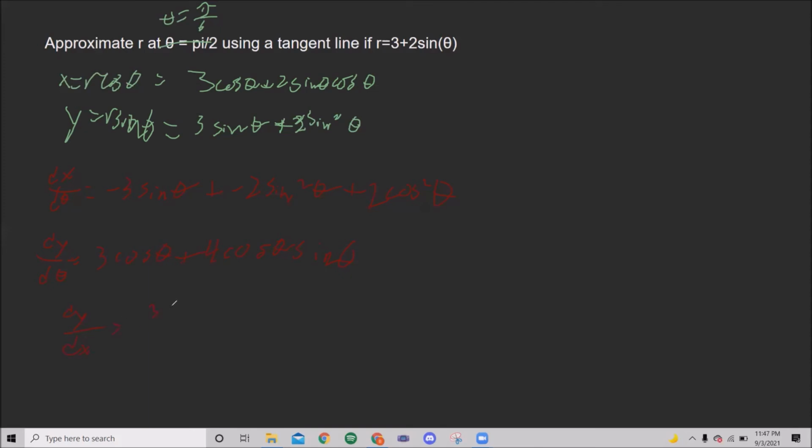And this is equal to 3 cosine theta plus 4 cosine theta sine theta, over -3 sine theta minus 2 sine squared theta plus 2 cosine squared theta.